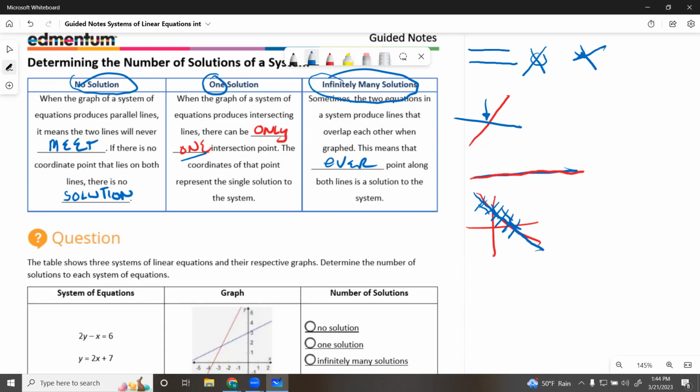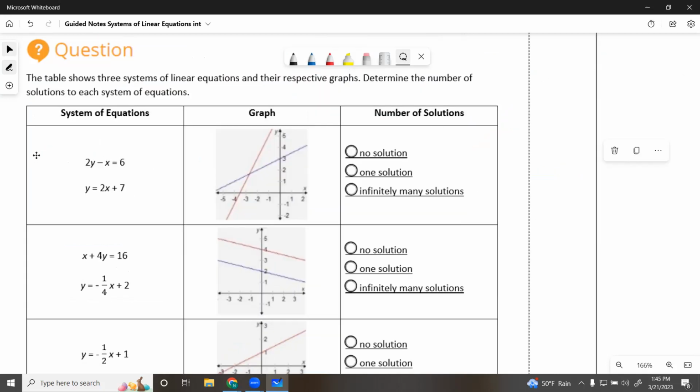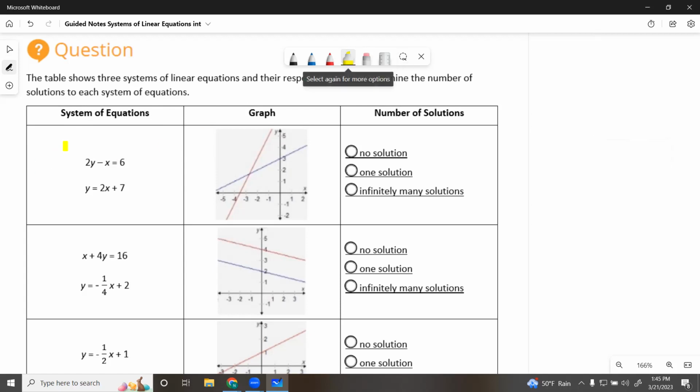Gonna pause again and move on to the next one. For the next part, they want you to take what we just talked about, looking at the lines and whether there's a number of solutions. So here is a system of equations. Here is where they meet.